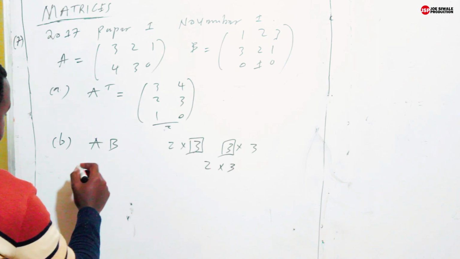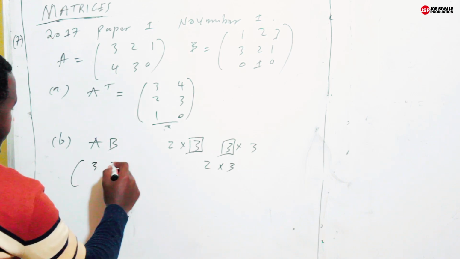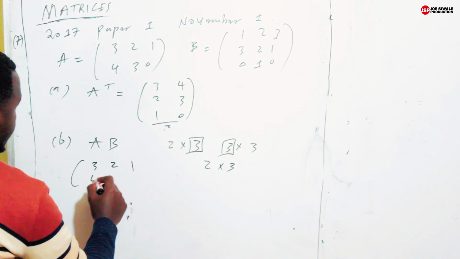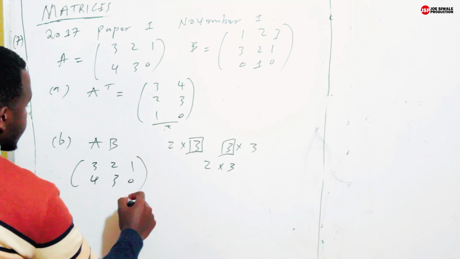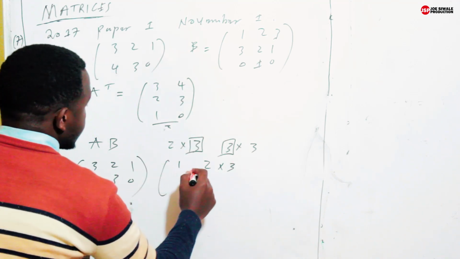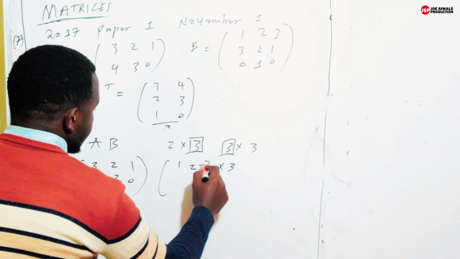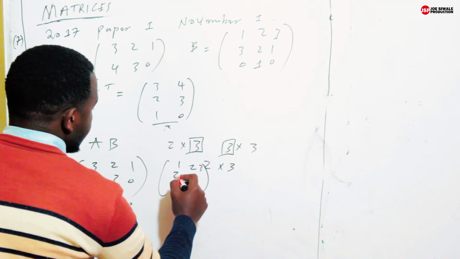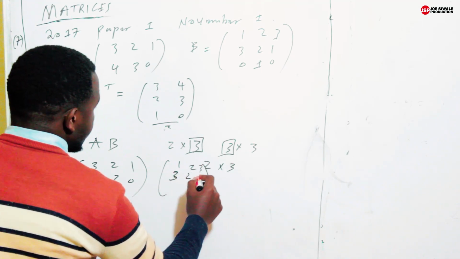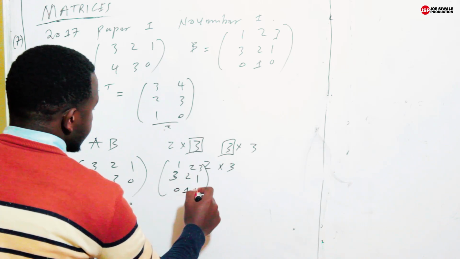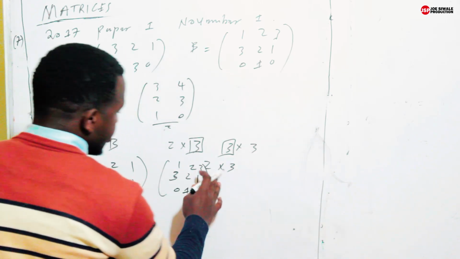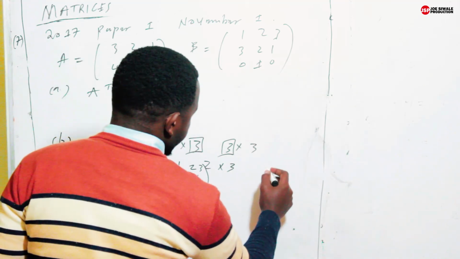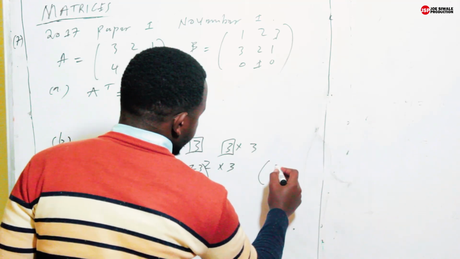So we can say 3, 2, 1, 4, 3, 0, and we have 1, 2, 3, 3, 2, 1, 0, 1, 0, and a 2 by 1 matrix there. We mean that it's going to be in this form.